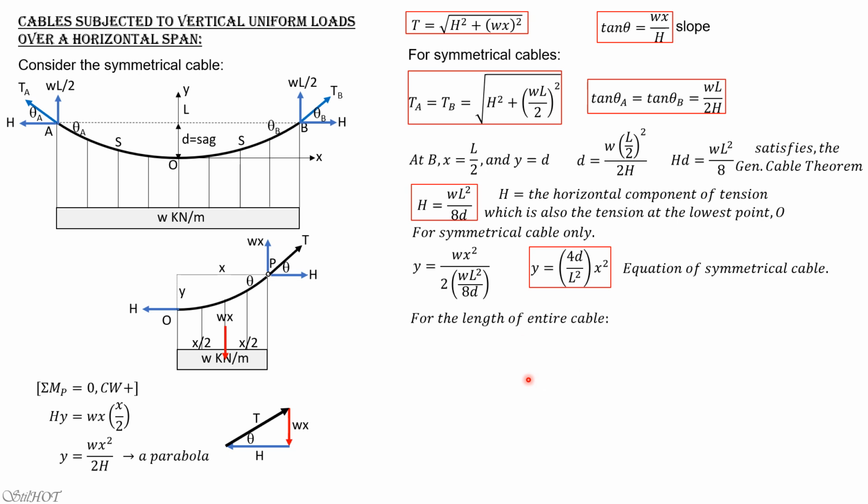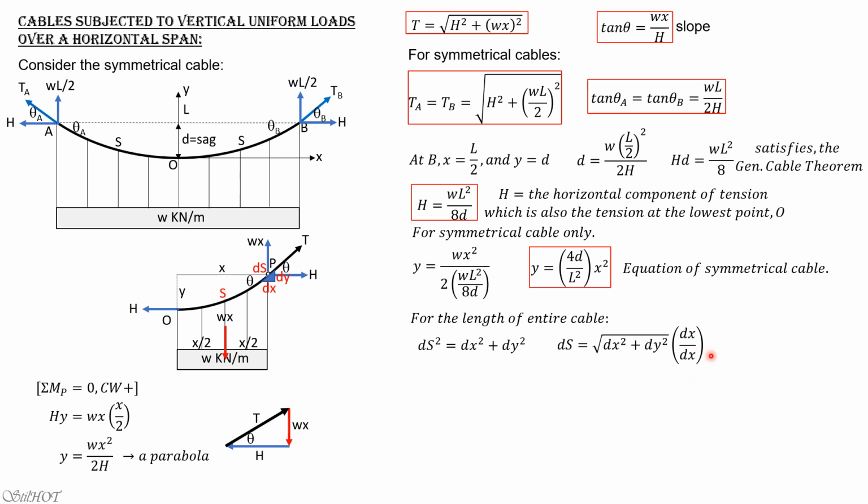So for the length of the entire cable, S, we have to consider a slope here, tangent theta, then the components would be dx and dy, and the hypotenuse would be differential S. This is from calculus, integral calculus specifically. So we will derive the formula for S. Differential S squared, by Pythagoras, equals dx squared plus dy squared, or ds is the square root of dx squared plus dy squared.